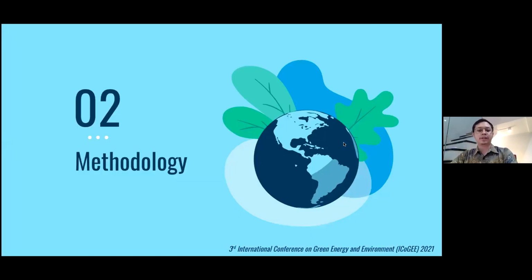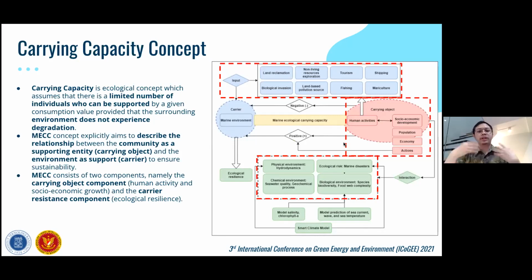Okay, here's the methodology. We try to develop a carrying capacity concept. The carrying capacity is an ecological concept which assumes there's a limited number of individuals who can be supported by a given consumption, provided that the surrounding environment doesn't experience degradation. So we keep the environment from degrading, but we can still support our economic activity that meets our needs.